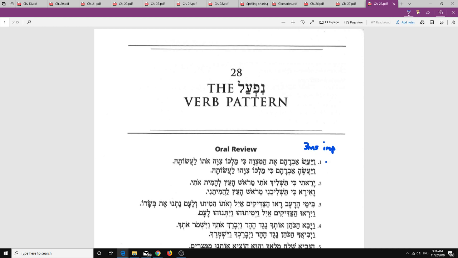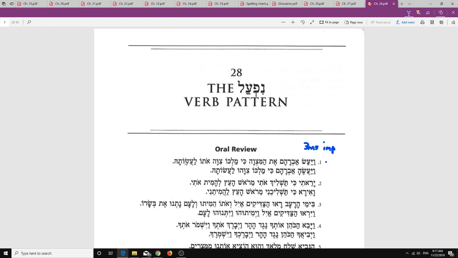So, "and Abraham did the command because," here we have the word for king with a pronominal suffix, a 3ms, so "his king." Because his king, here we have the piel verb for command, and it's a 3ms form, right? So, his king commanded oto, obviously our direct object marker with a pronominal suffix, again 3ms, commanded him la asota.